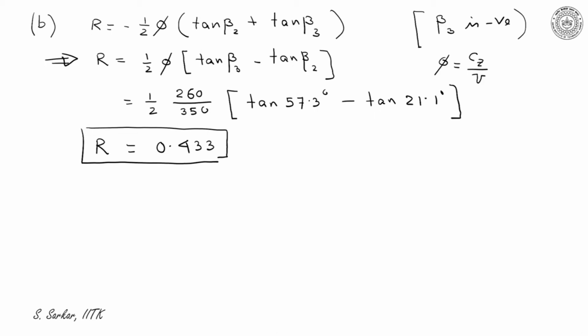Now again, the blade loading capacity Xi can be expressed as phi, the flow coefficient, into tan beta 2 minus tan beta 3.